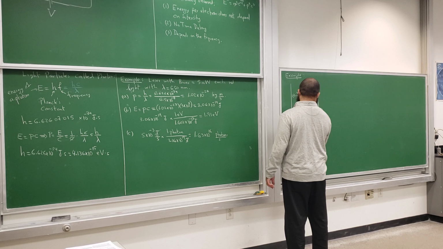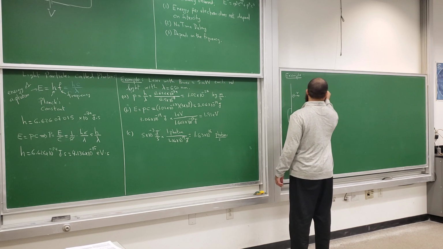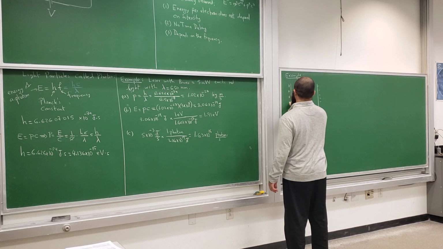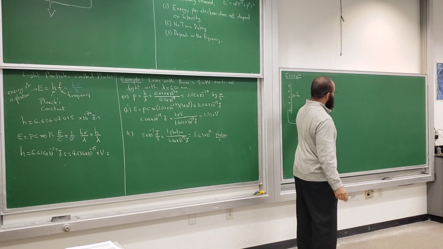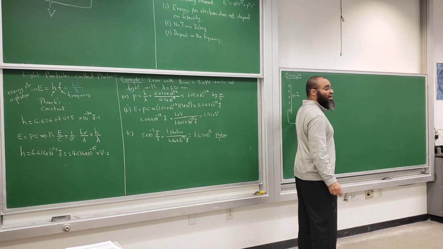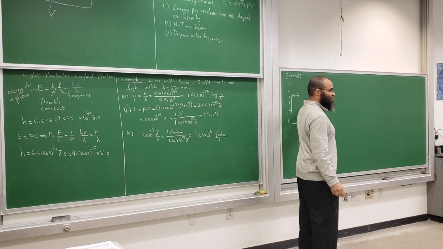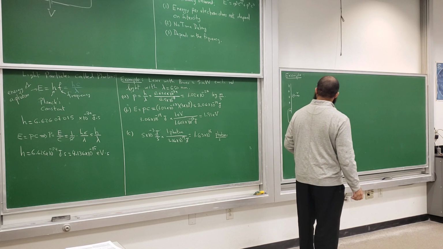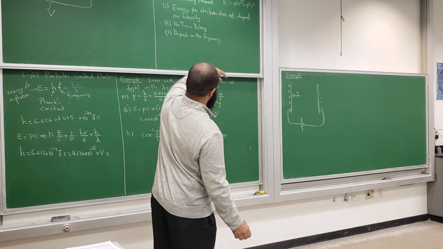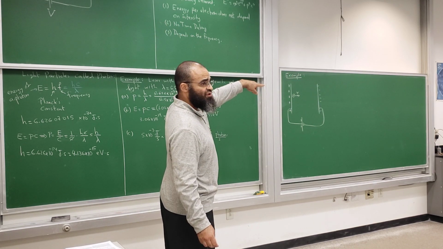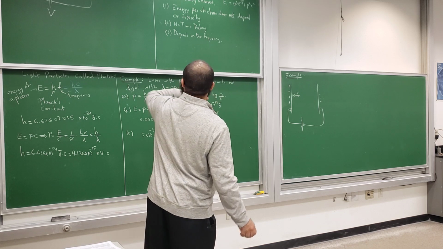This is the plus end of the battery. And you increase the voltage so that when they make it here, they barely make it there. So that's 0. So that means they start with some kinetic energy, but by the time they reach that plate, they have 0 kinetic energy.